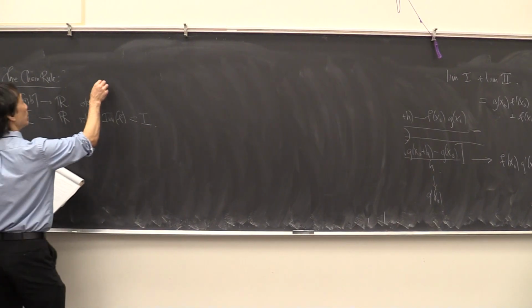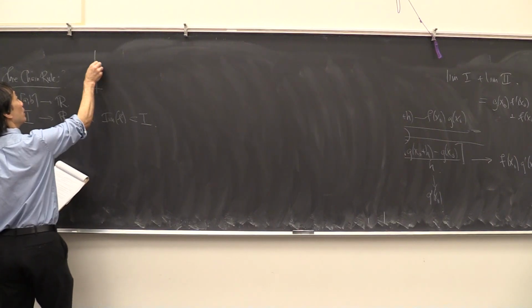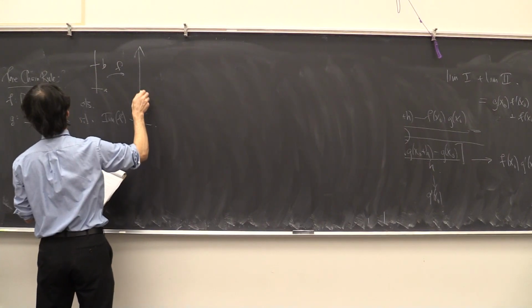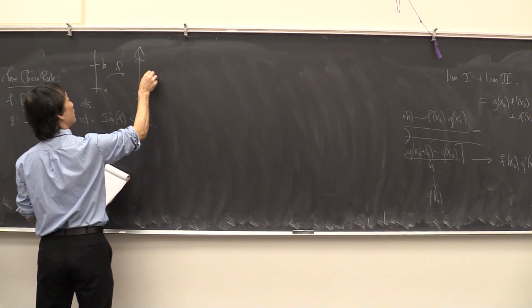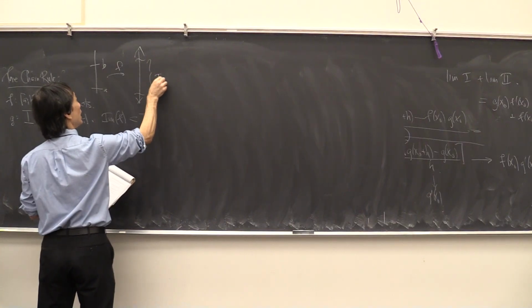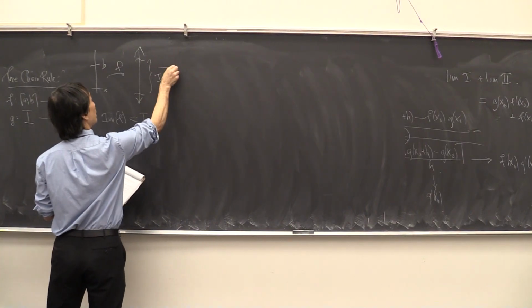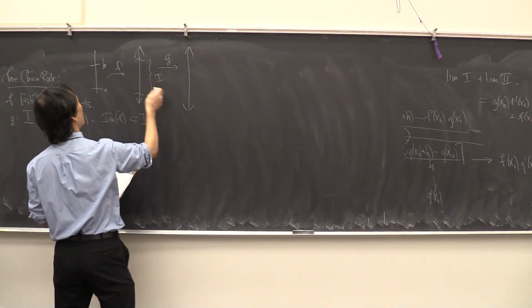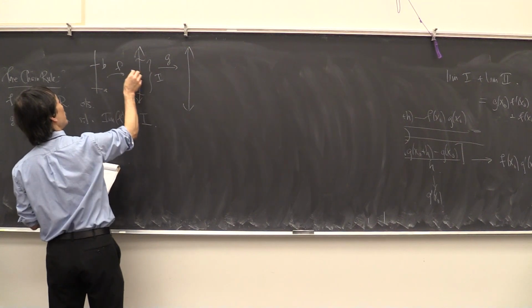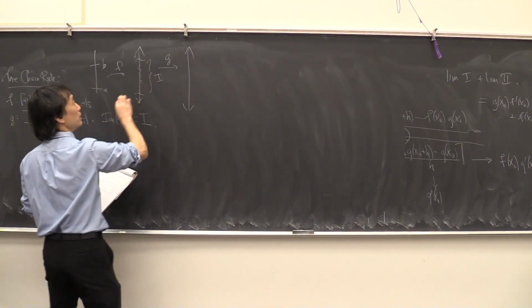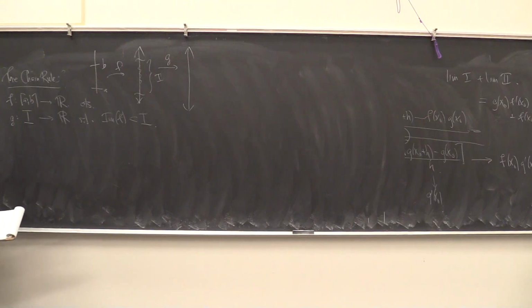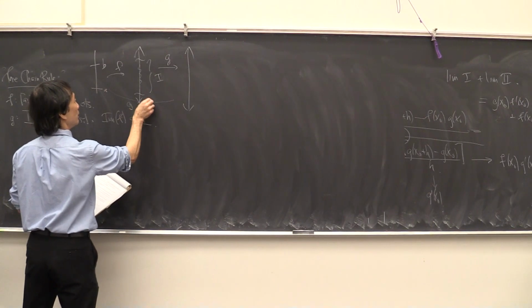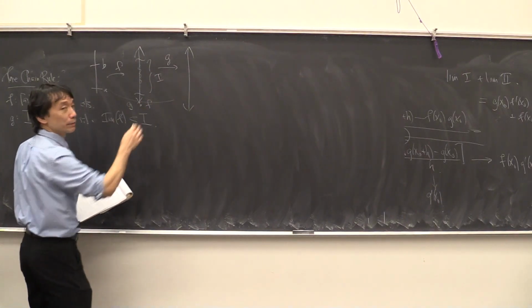So f goes into R, there's some domain of g here, and g goes from I to R, and the image of f lies inside the domain of g. So we can compose them. Okay, so we can look at the composition g composed with f, going from (a, b) to R.